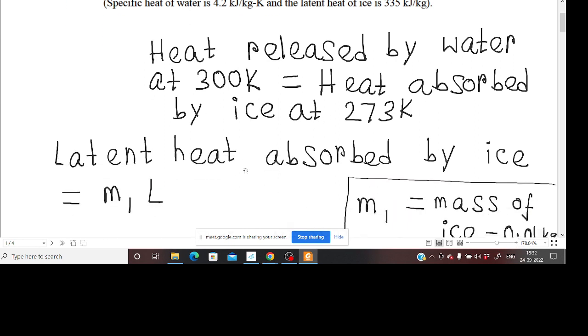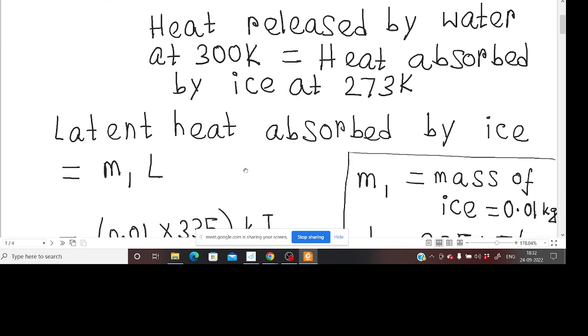Now you know that ice to water phase transition occurs at 0 degree Celsius or 273 Kelvin, right? So the ice will absorb some amount of latent heat for this phase transition, ice to water phase transition, or this is called the latent heat of melting of ice.